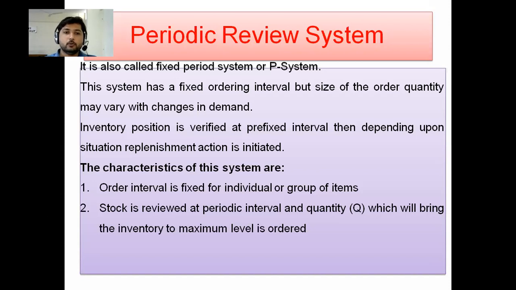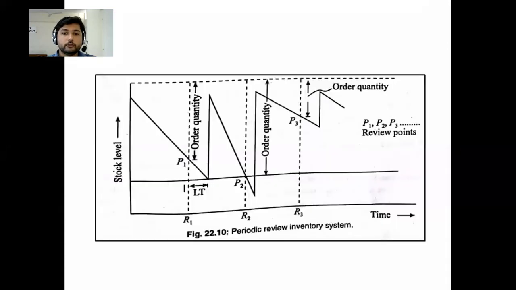And quantity Q, which will bring the inventory to maximum level, is ordered. Okay, so draw this diagram.